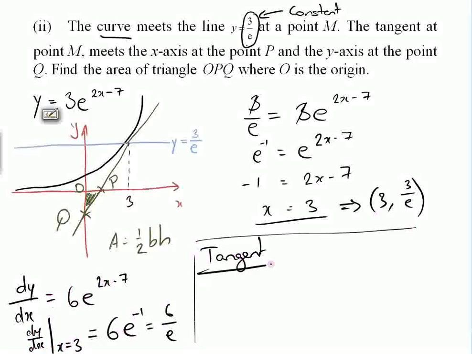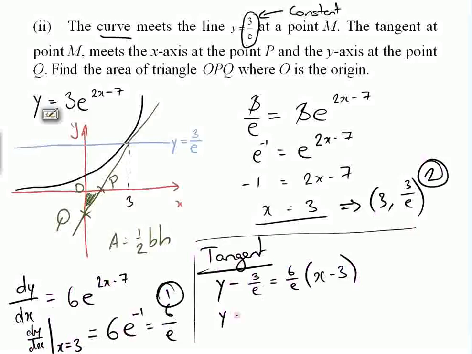So now let's find the equation of this tangent line. I've got my gradient here, and I've got my point here. So I'm just going to put it into my formula. y minus y1, which is 3 over e, is equal to my gradient, which is 6 over e, times x minus x1. So I rearrange this. I get y minus 3 over e is equal to 6 over e x minus 18 over e.